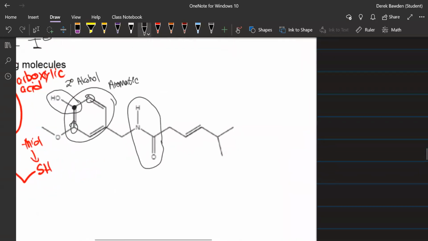So that's what we want to look for with this molecule, because there's a nitrogen bonded to a carbon that's then double bonded to an oxygen, this whole thing is called an amine. Or sorry, not an amine, it's an amide. I'm sorry. Amine is if there was no oxygen. And we'll talk about the difference in just a minute. So it's an amide.